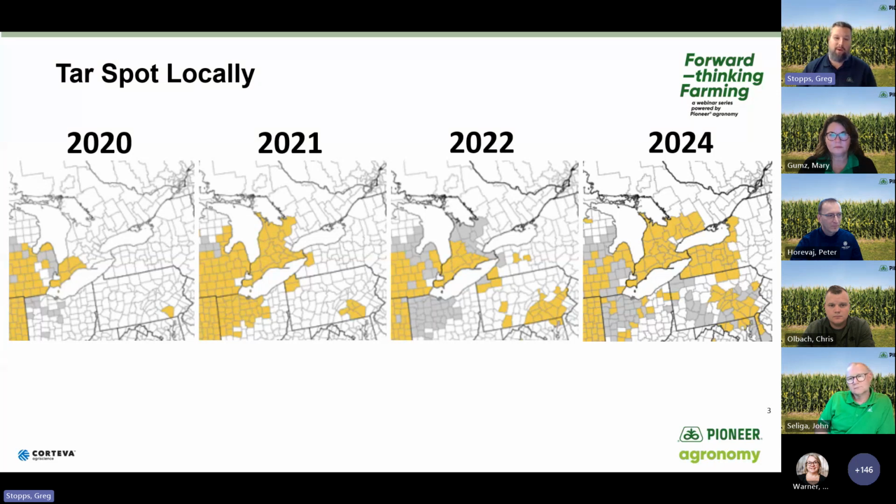And it's certainly not everywhere, but there are pockets, and you don't have to look far in the geography I cover to find those pockets where tar spot has had a real big impact. And other areas where it may not be stealing a lot of yield, but it's amplifying the impact of the drought stress that we experienced late in the summer. It's shut plants down fairly quickly, and the grain may have finished off nicely, but they've cannibalized the stalks in order to finish that grain nicely, and stalks are weak.